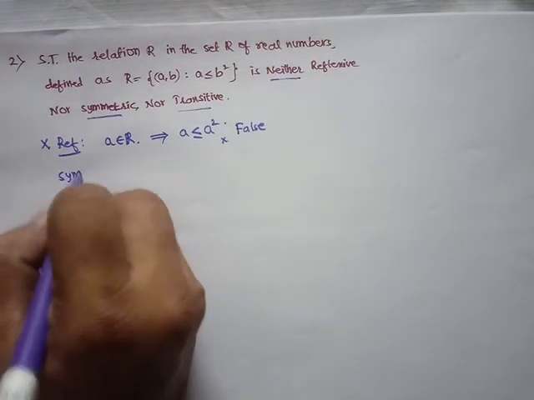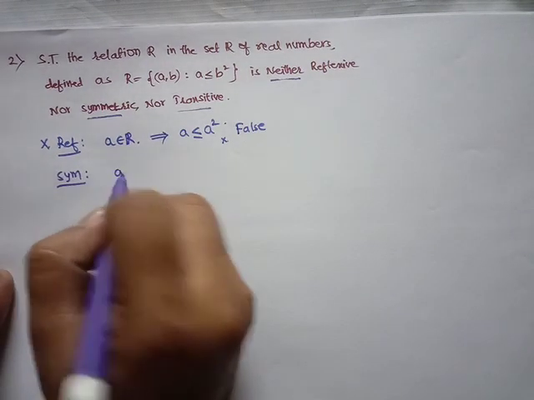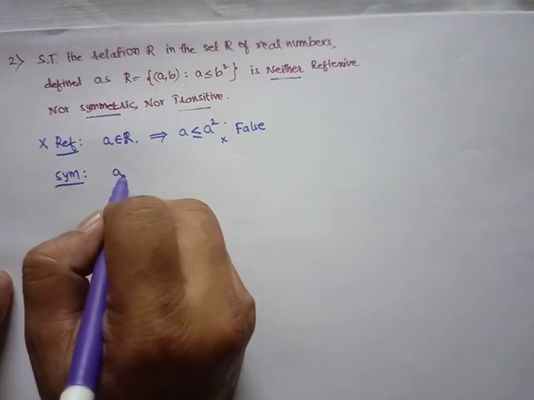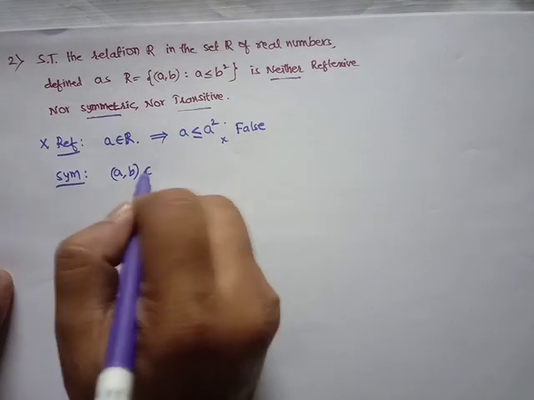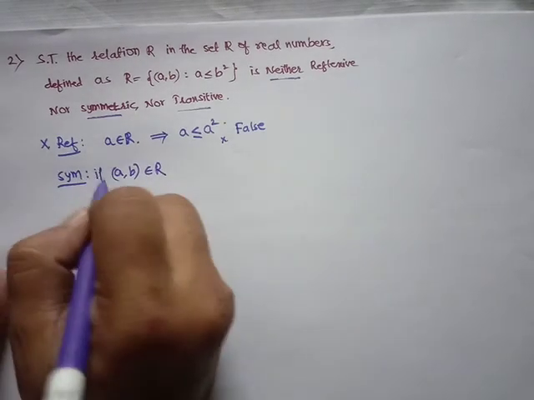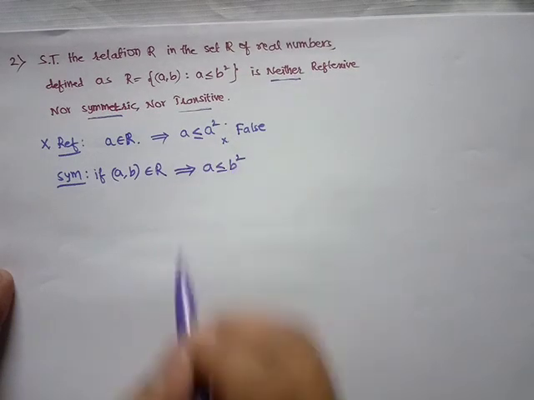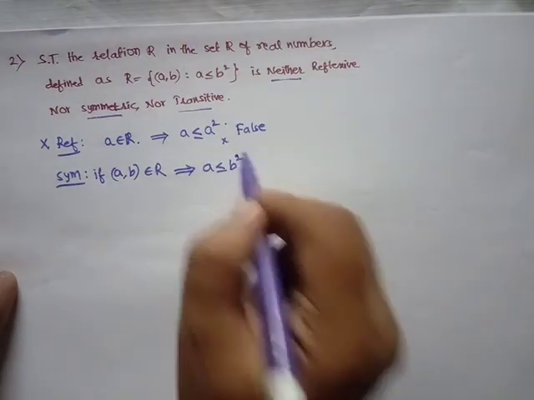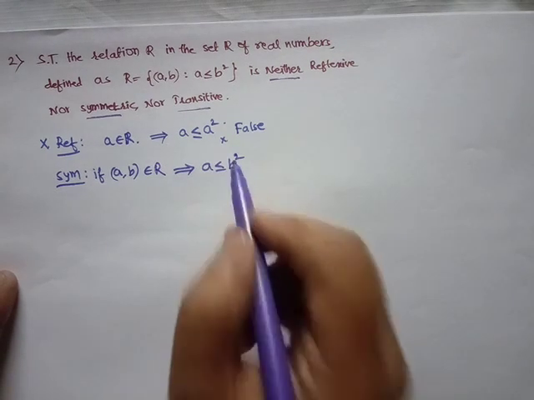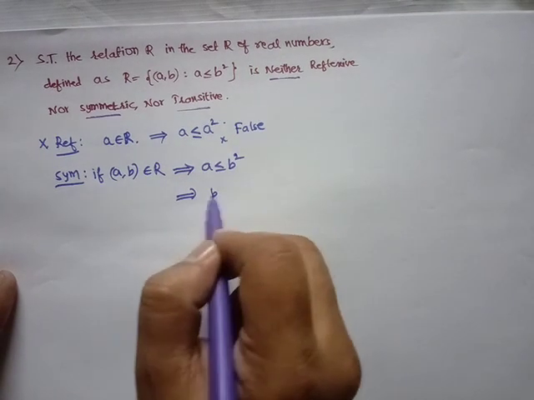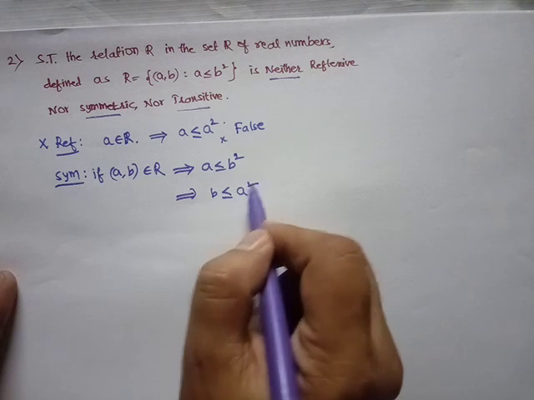Then what about the symmetric case? Symmetric: a comma b, if a comma b belongs to R, this implies a less than or equal to b square.